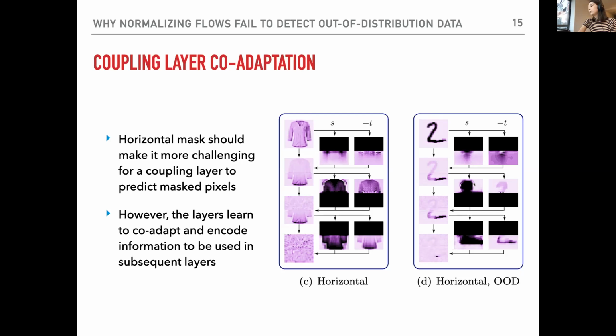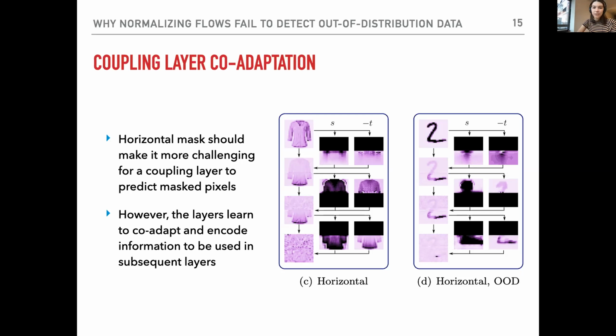But starting from the second coupling layer and the next ones, it is making very good predictions, even for MNIST data, which it hasn't observed during training. And this is quite puzzling, because how can it know, based on this bottom part, what the top part looks like?